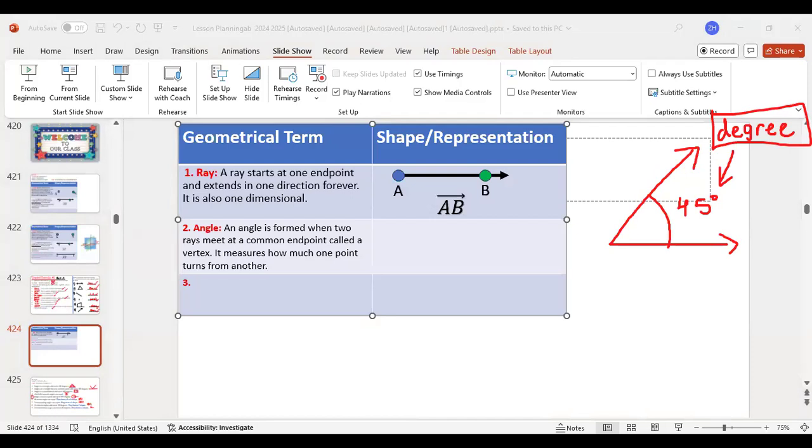Because the scientific calculator has a symbol that we use. Square root? Not the square root symbol. No, anyone else?